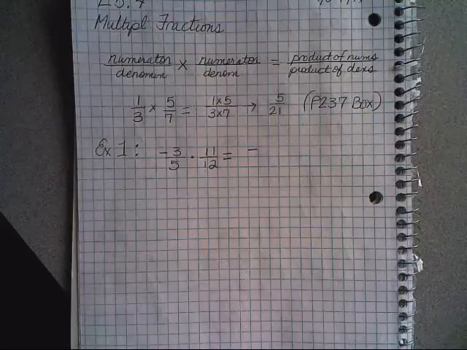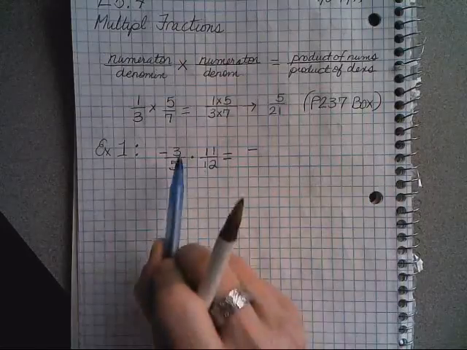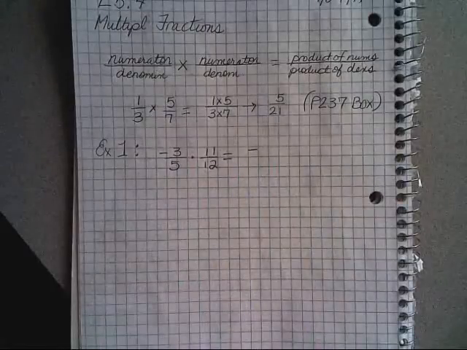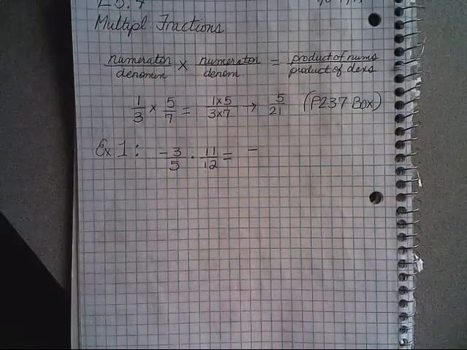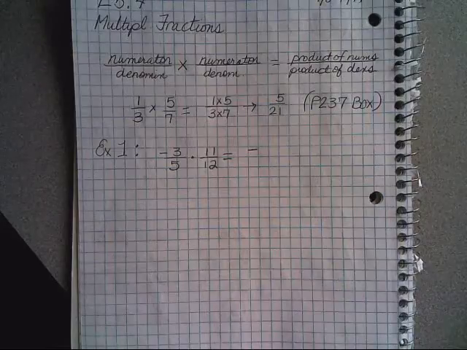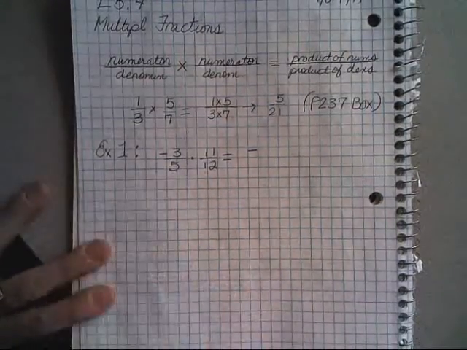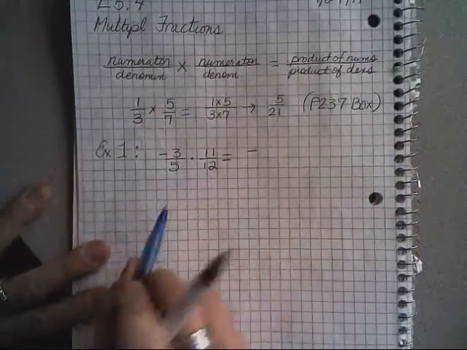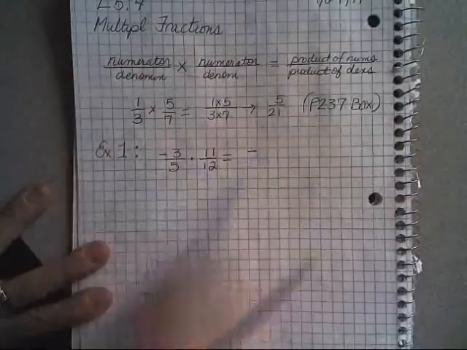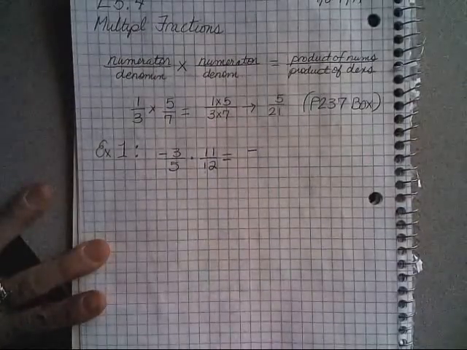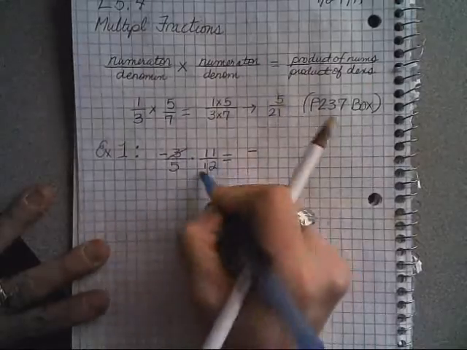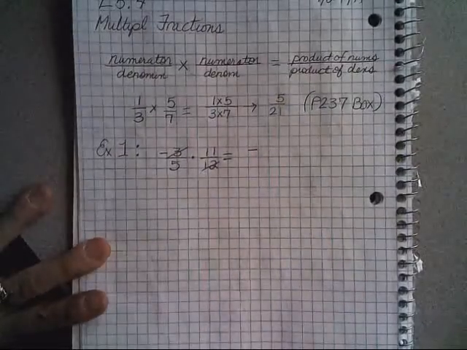In multiplication, you can either multiply across, and then reduce, or you can search for opportunities to reduce within the multiplication problem itself. Here we see that the 5 and 11 do not share any factors other than 1, but the 3 and the 12 do. Remember, we've already accounted for the fact that this is negative in the result, so you can kind of ignore it from here. 3 and 12 both reduce by a factor of 3, correct?